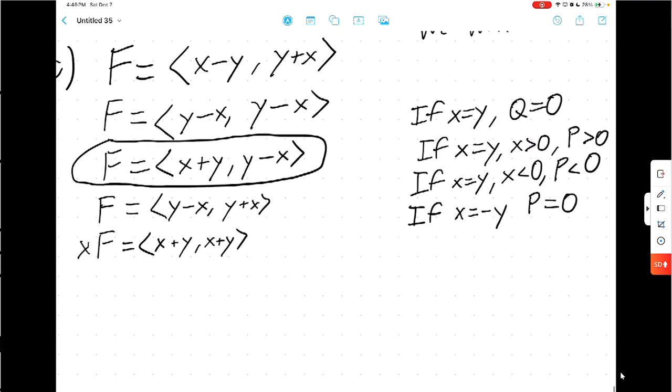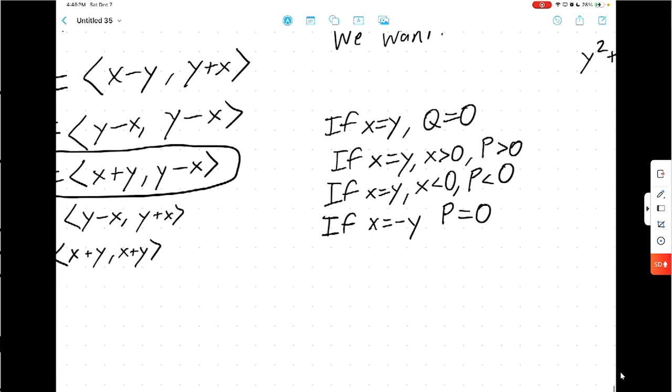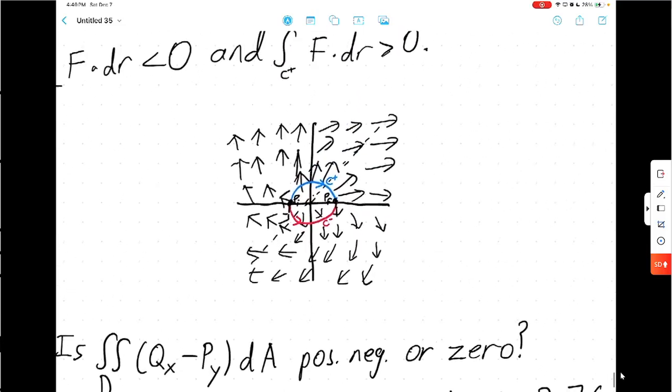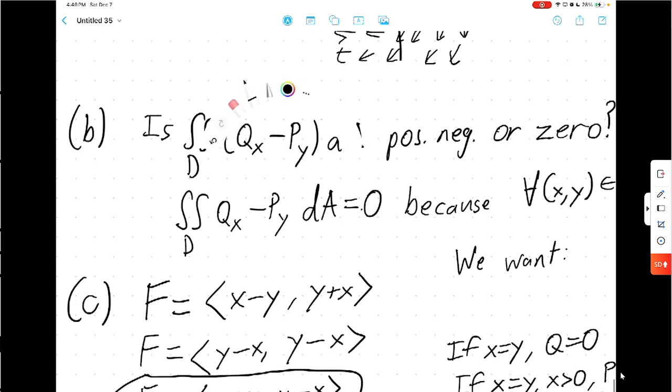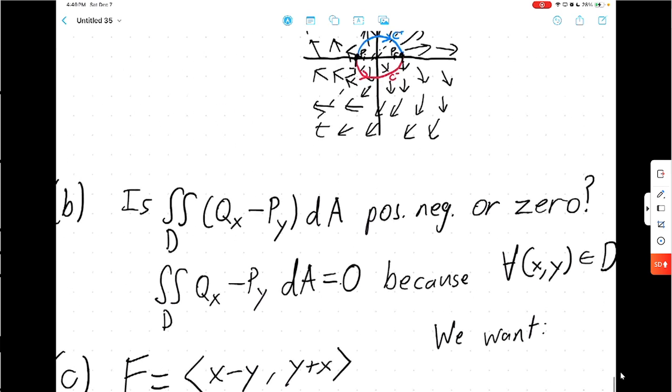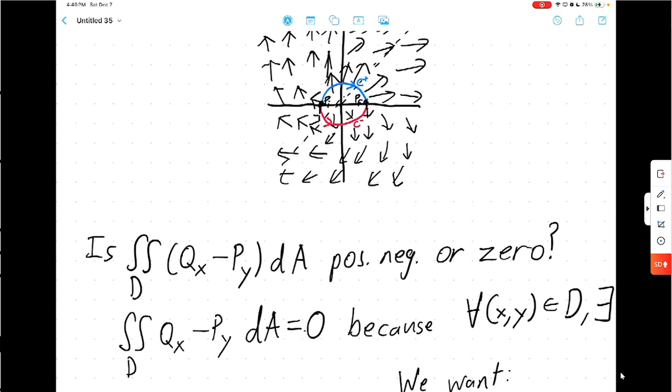Yep, if x is equal to -y, p is equal to 0. Yep, this is indeed the right one. This is the only function that'll do, even just the first and fourth ones. So this means that A and C are right, B is not.